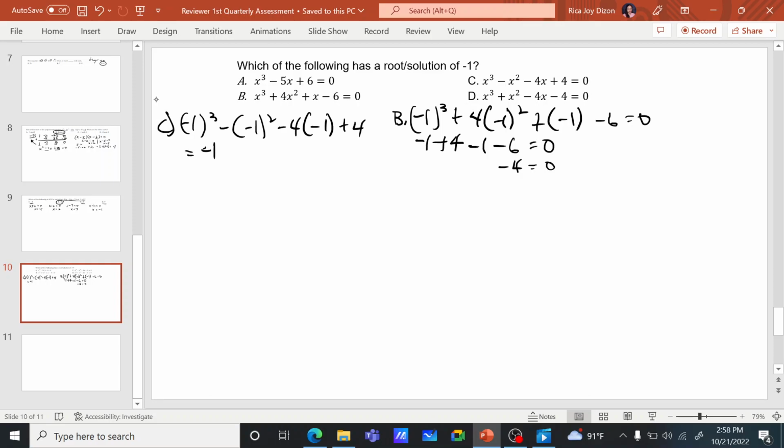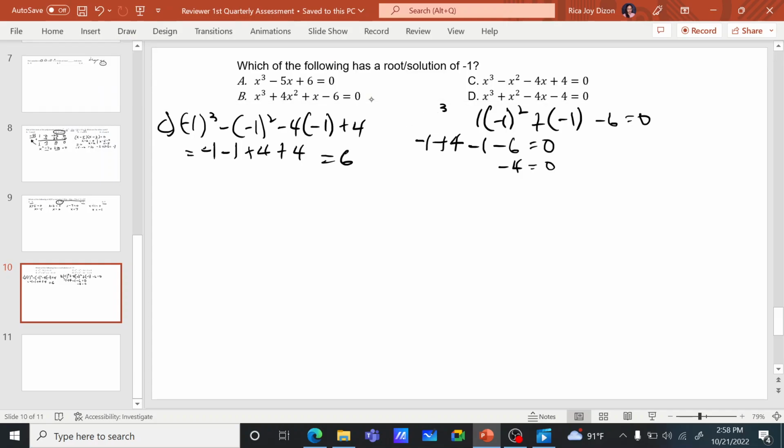Negative 1 squared is 1, and we have a negative sign outside, that's negative 1. Negative 4 times negative 1 is positive 4, plus 4. So we have negative 1 minus 1 is negative 2, plus 4 is 2, plus 4 is 6. So obviously, it's not a root, letter C.